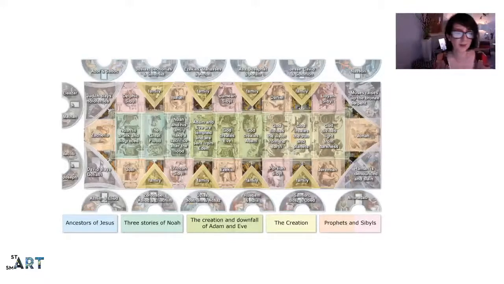We're in the Sistine Chapel ceiling. When you enter, you see God creates the heavens and the earth. God divides light from darkness, creates the sun and the planets. God divides the water from the earth. The second group shows God creating first man and then woman, Adam and Eve, and their disobedience of God and consequent expulsion from the Garden of Eden, where they have lived and where they walked with God.